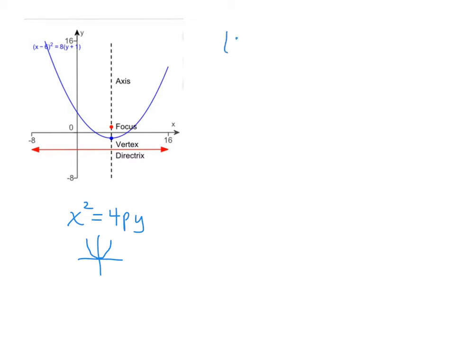For example, if we take this one, x minus 6 squared equals 8 times y plus 1, we can see from the graph that the vertex has a horizontal shift of 6 and a vertical shift of -1.